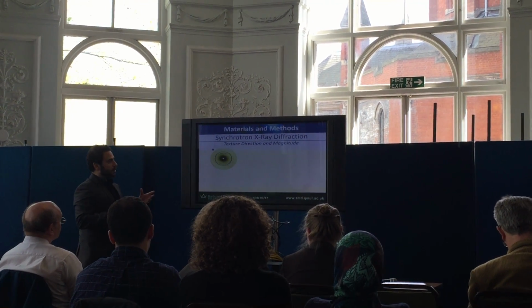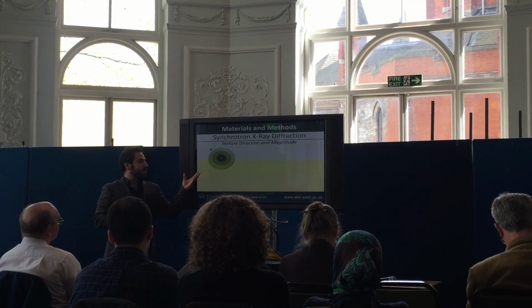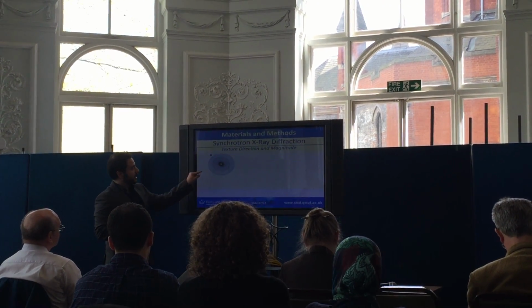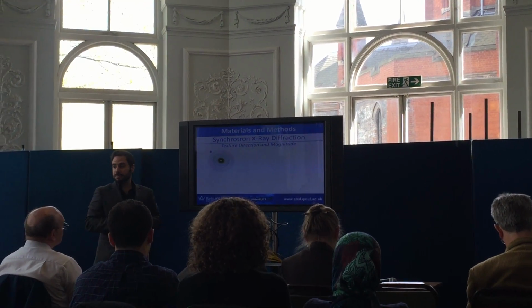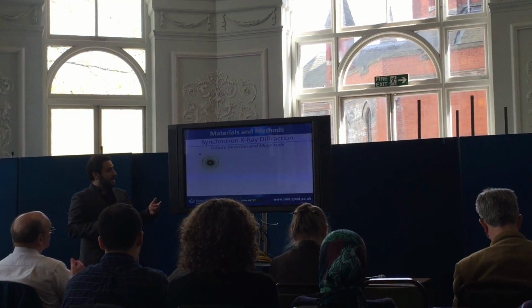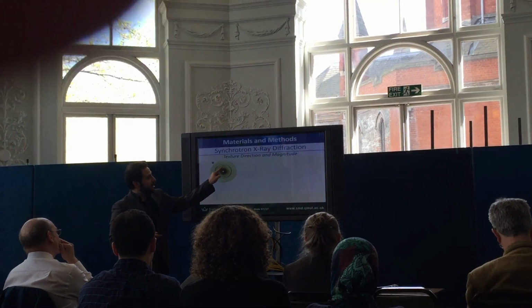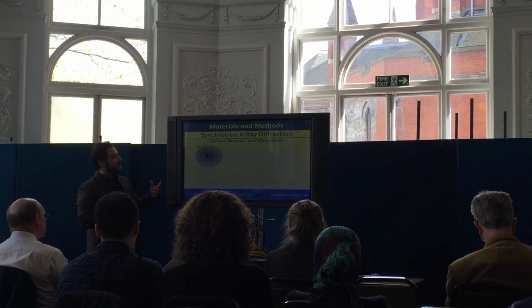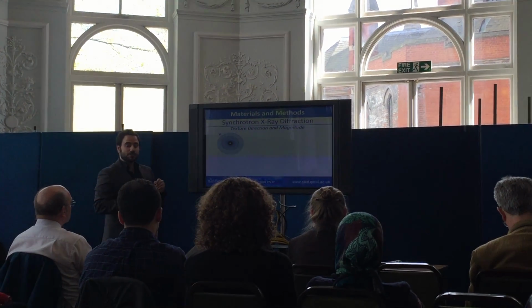So here's an example diffraction pattern of enamel. As you can see, each circle of this diffraction pattern represents a reflection. I'm interested in this reflection right here, which is not a full circle, because we can get the texture, direction, and magnitude from that.